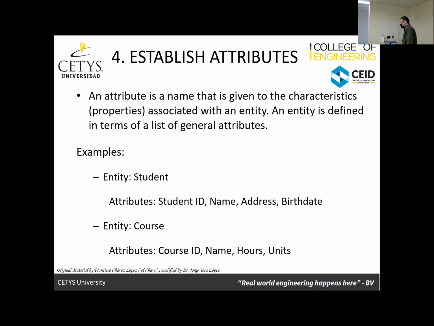Let me see if I understand your question. When you say fixed, Marco, do you mean I define these attributes, design the database, and I can't add any more? No, if you wanted to, you could put the age as an attribute.